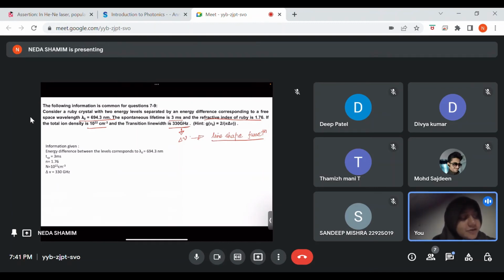If your concepts of these things are clear, then only you'll be able to solve this problem, right? I'll wait for say few seconds, let's say 10 seconds. Someone can answer in that. Please answer. What is the meaning of transition line shape? Since it is online, the discussion.